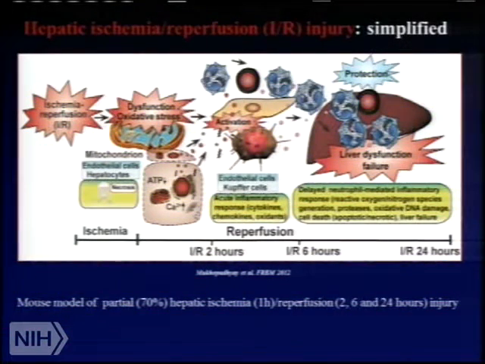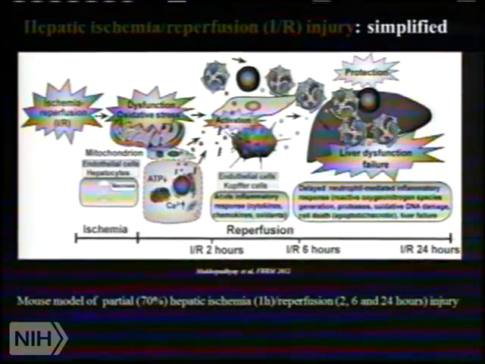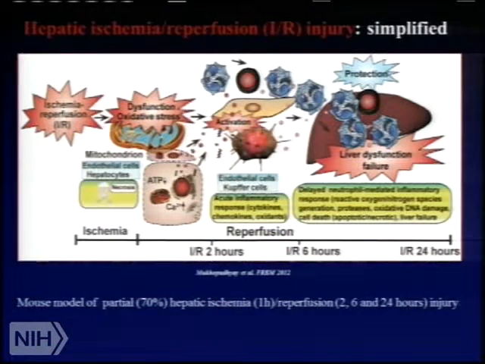In this model, we occlude the blood flow in mice to two-thirds of the liver, approximately 70%, for 1 hour. Then we remove the clamp and the oxygenated blood returns. Then we study the events at various time points, like 2 hours, 6 and 24 hours following the injury.